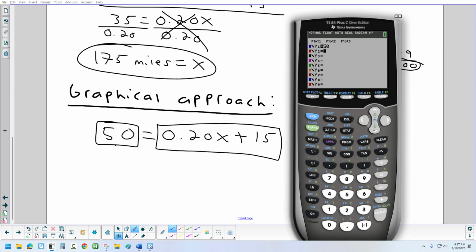And now let's type in this one. And I want to talk about it a little bit, but somebody already kind of mentioned the format that this is in. 0.20x plus 15. What format is that? We call it something. Yep, that's slope-intercept format, which uses y equals mx plus b.